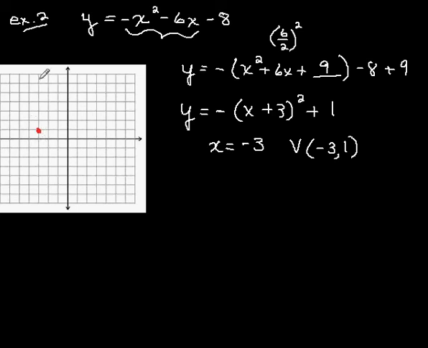This is how you normally do it. This is our axis of symmetry. We know it's going to open downward. We know our y-intercept is right here, so we can put our y-intercept on at -8.